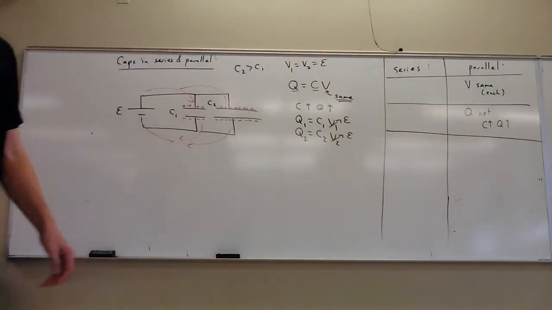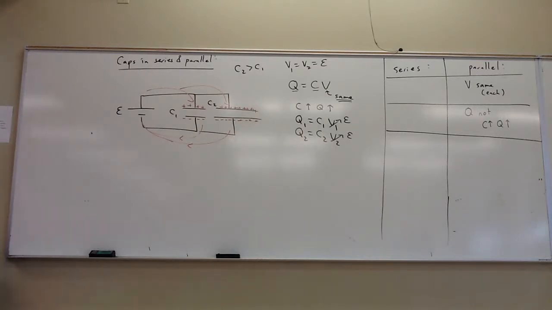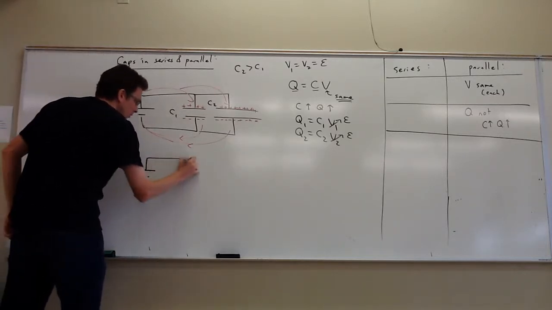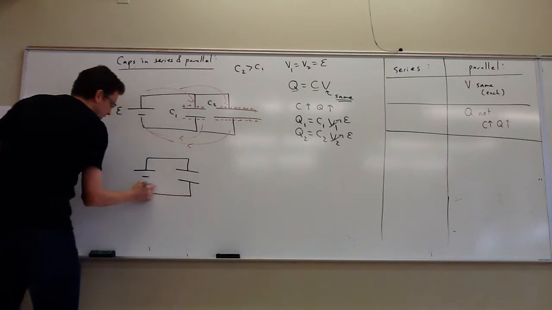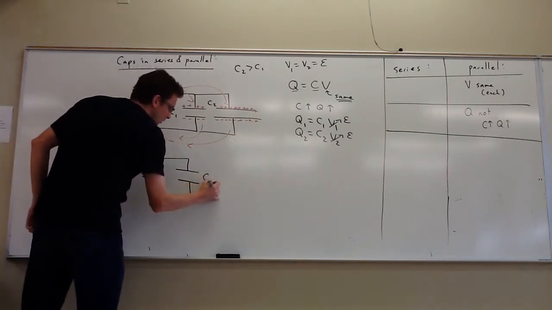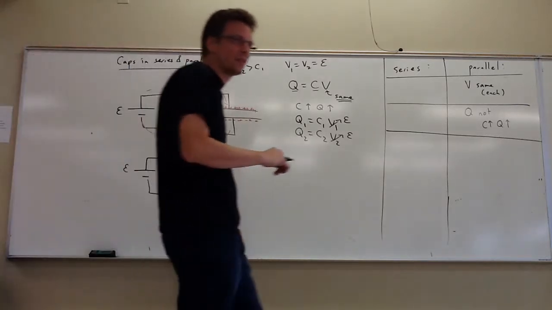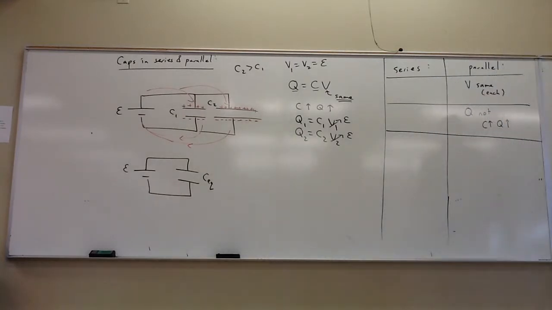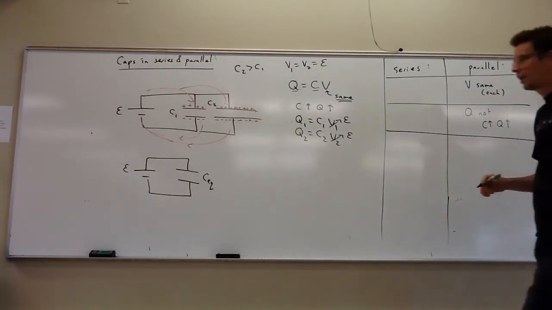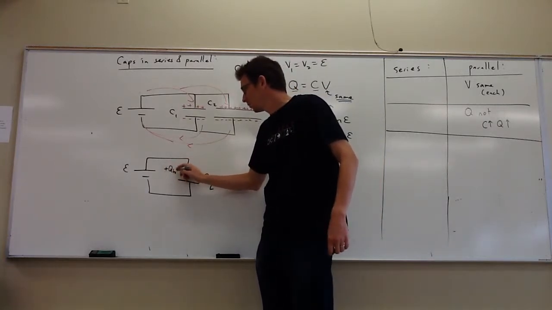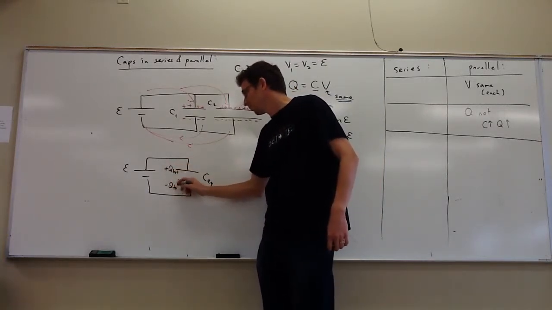So now you can probably guess what's coming. If we wanted to combine these two capacitors and think of them as one, how would we do that? Well, we have once again our equivalent circuit. If we were going to imagine both capacitors as a single equivalent capacitance, what would we do? Of course here, this is plus Q total, and this is minus Q total.